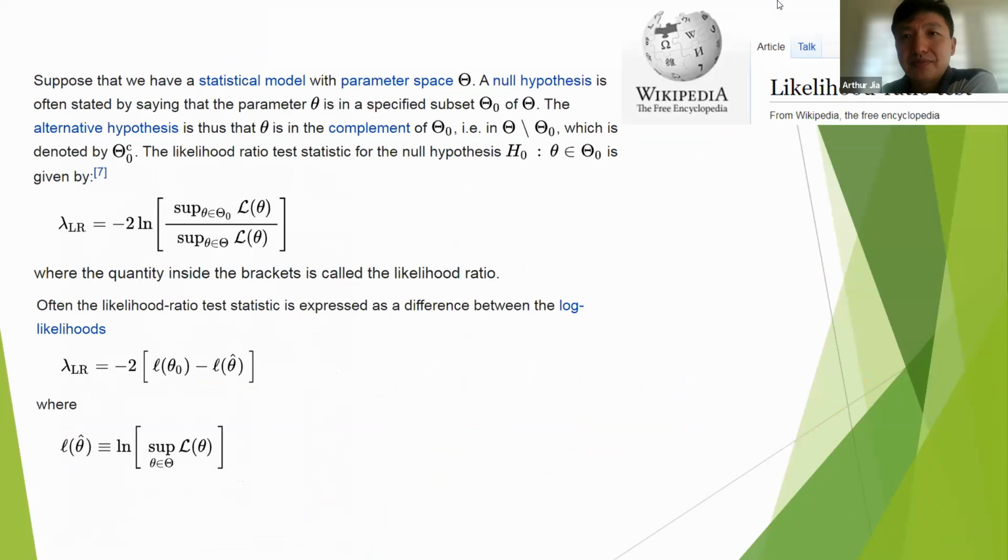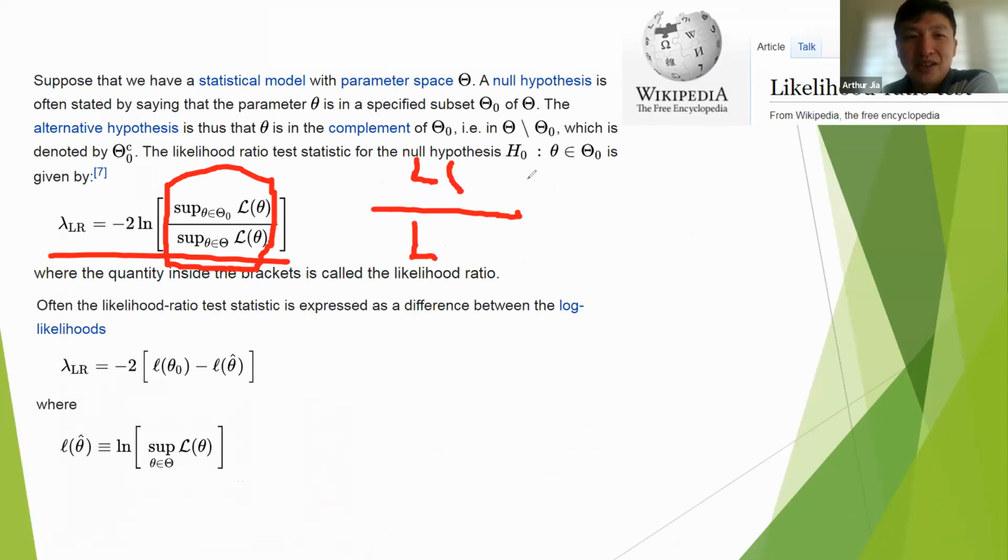Okay, so I think you can easily find more information about the likelihood, log likelihood ratio test. To make it more straightforward, we are actually comparing 2 probabilities, right? We have already rewritten this ratio.